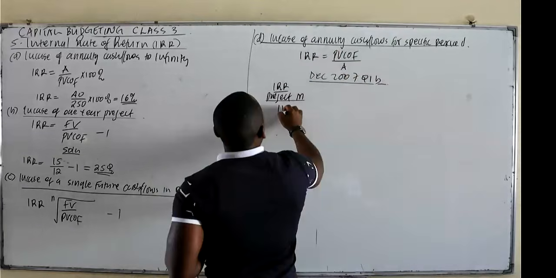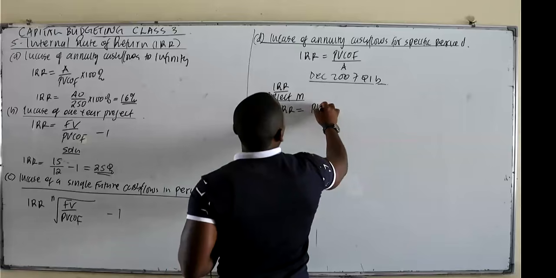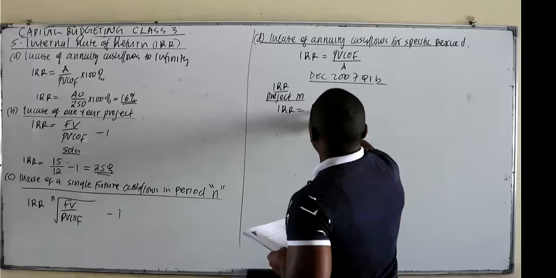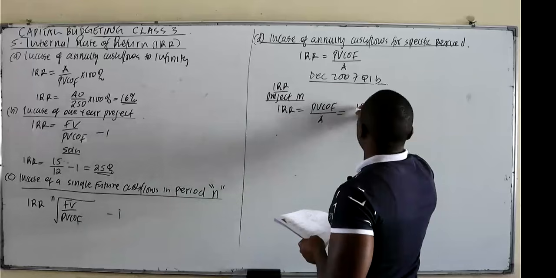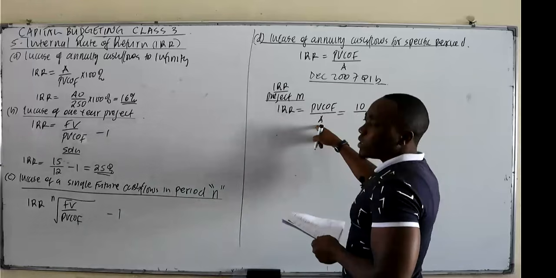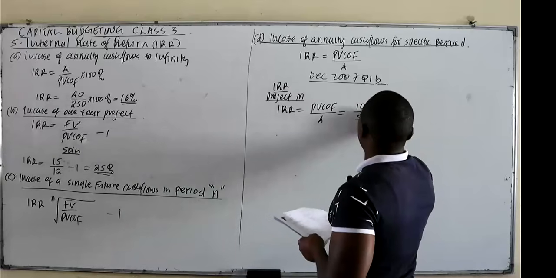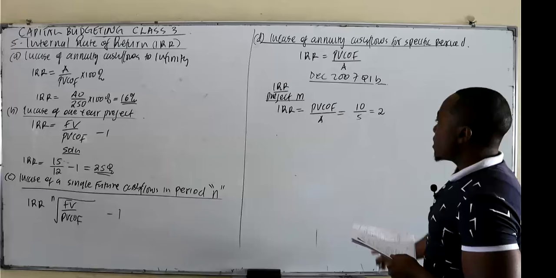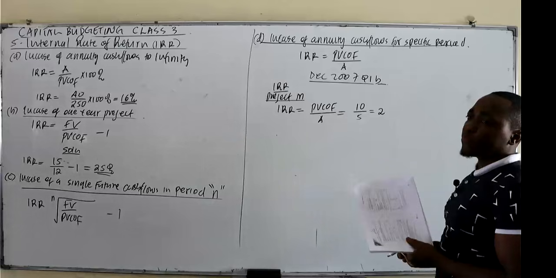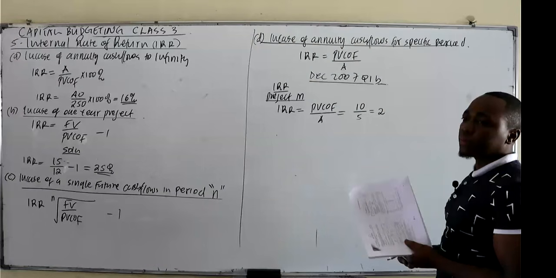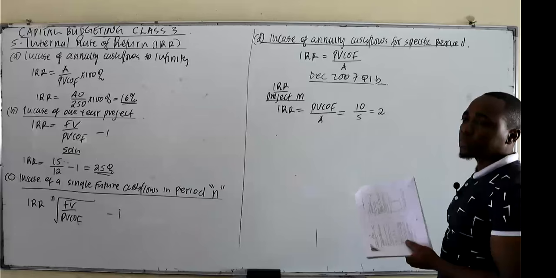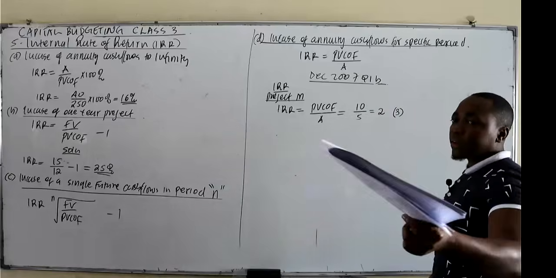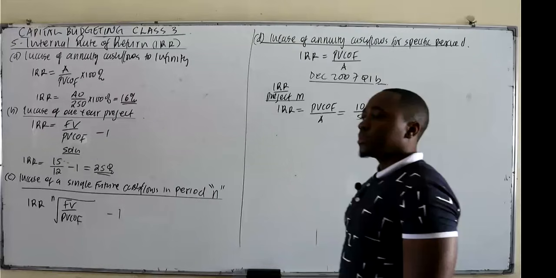So to get IRR, you take the present value of cash outflow, which is 10 million, and divide by the annuity cash flow, 5, and you get 2. But this 2 is not the internal rate of return. Project M was for how many years? 3 years. So how do we get IRR? Let's go to our annuity table.